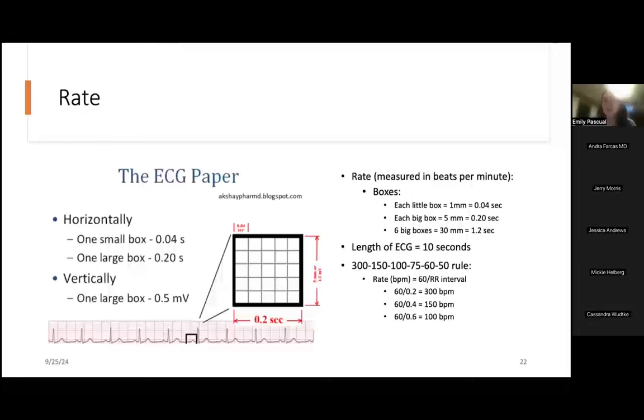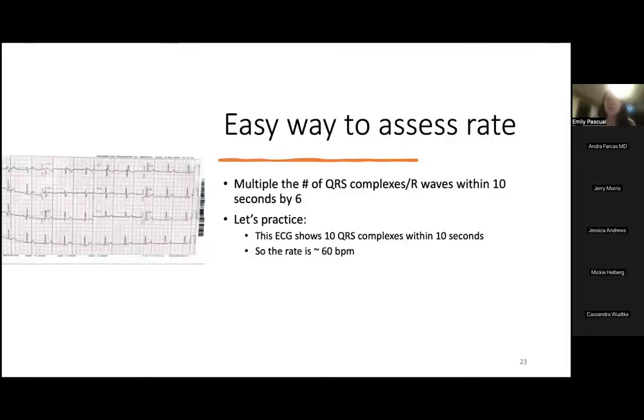Another easy way is to multiply the number of QRS complexes or R waves within 10 seconds by 6. For example, this EKG shows 10 QRS complexes within 10 seconds. So the rate is around 60. May not be exactly 60, but it's pretty close.